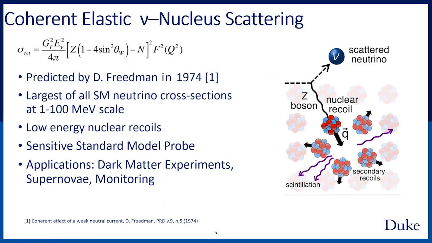It's a way to probe the Standard Model sensitively. It also has many applications: for dark matter experiments, it's one of the major backgrounds; it matters for supernovae; and because of the reduced mass in the detectors used, it's really helpful for reactor monitoring.